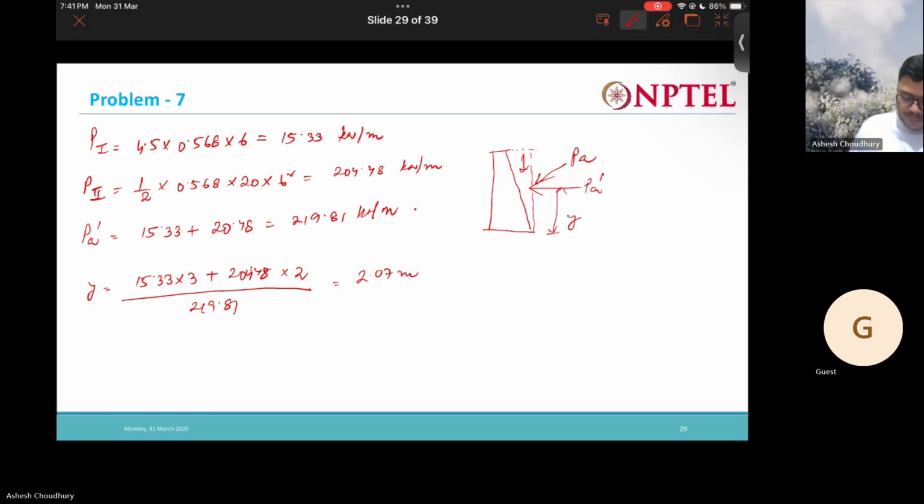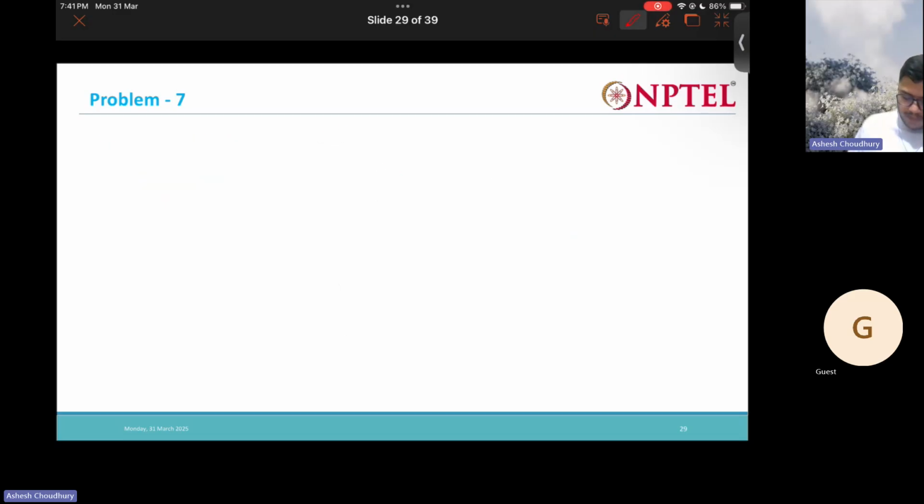Okay, so weight is half into 6 into 6 tan 18 degrees times 20, which is 116.97 per meter. So now we have this PA dash and W, so we'll have resultant PA at angle alpha.